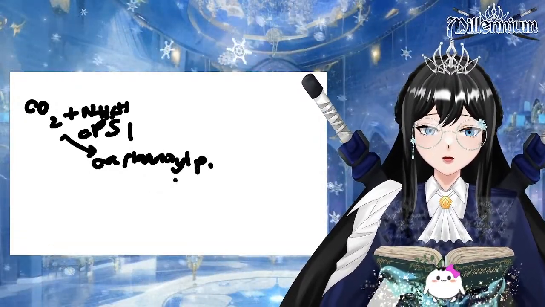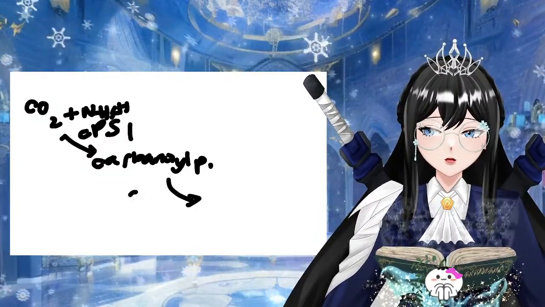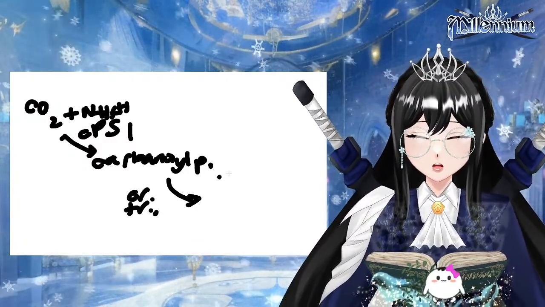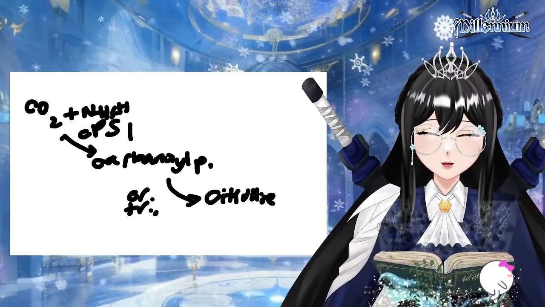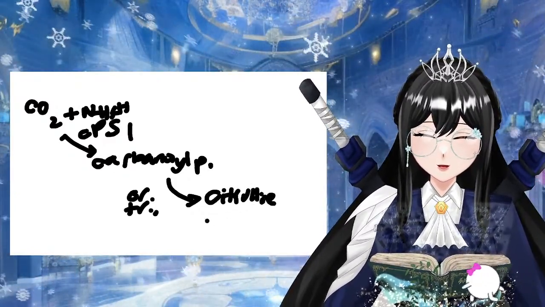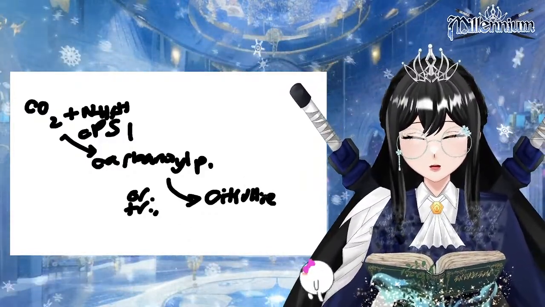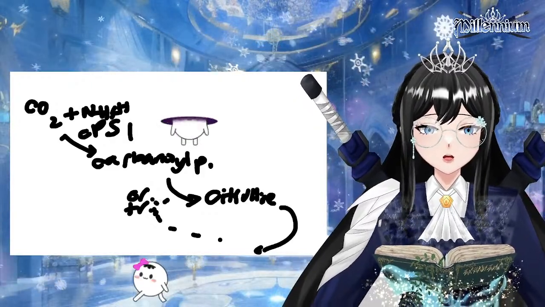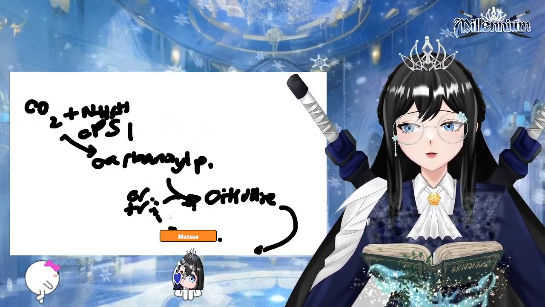Then ornithine transcarbamylase would help make it into citrulline. And citrulline is in the cytoplasm, from citrulline to argininosuccinate, and then arginine, and then ornithine, and so on. So that is the urea cycle.